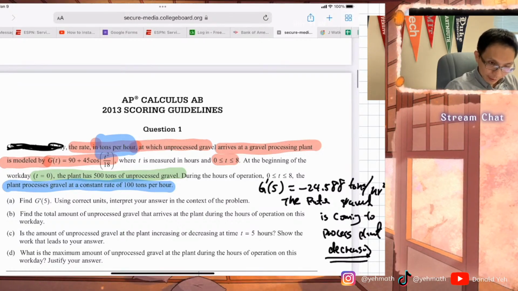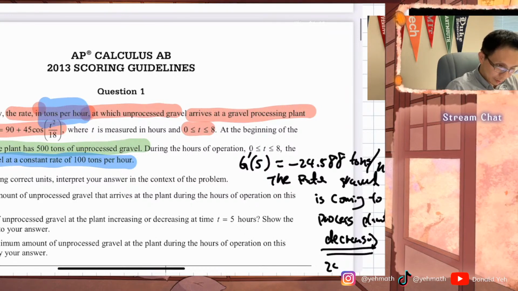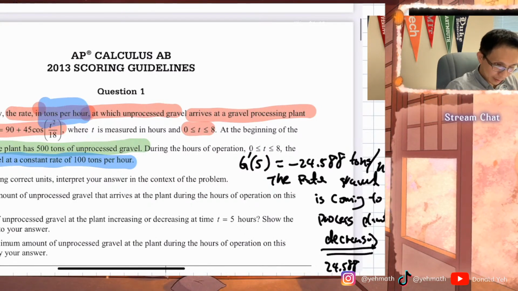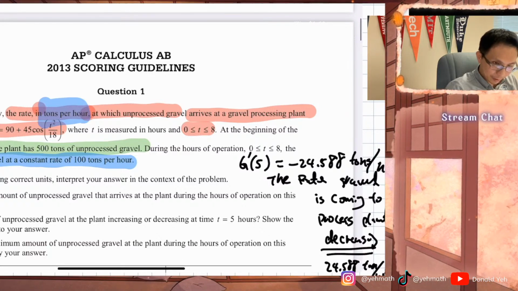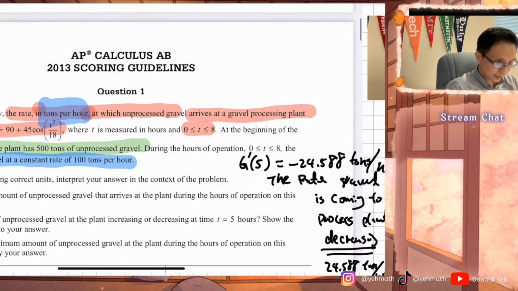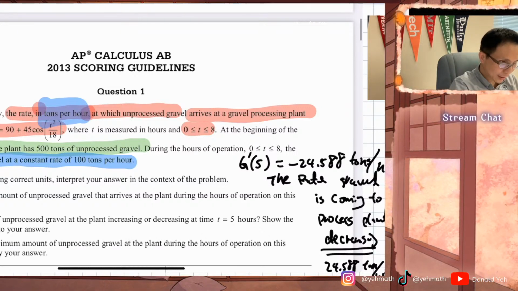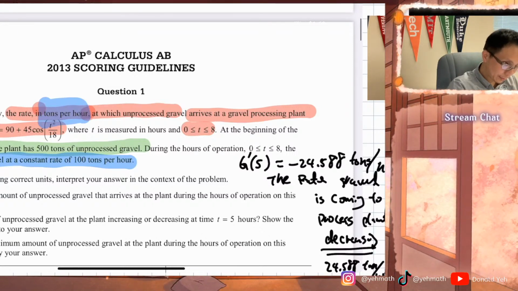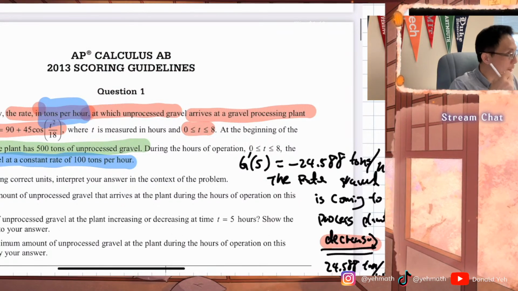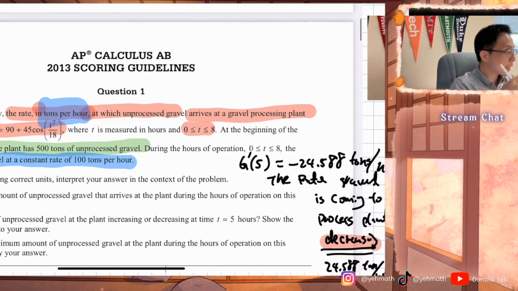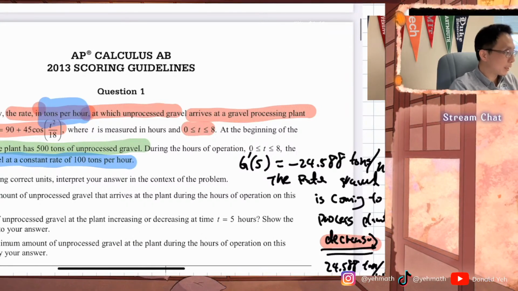Decreasing at 24.588 tons per hour per hour, so it's hour squared. You have to write down decreasing. That's the keyword, because it's the rate of the rate. If your derivative is used to find out increasing or decreasing.